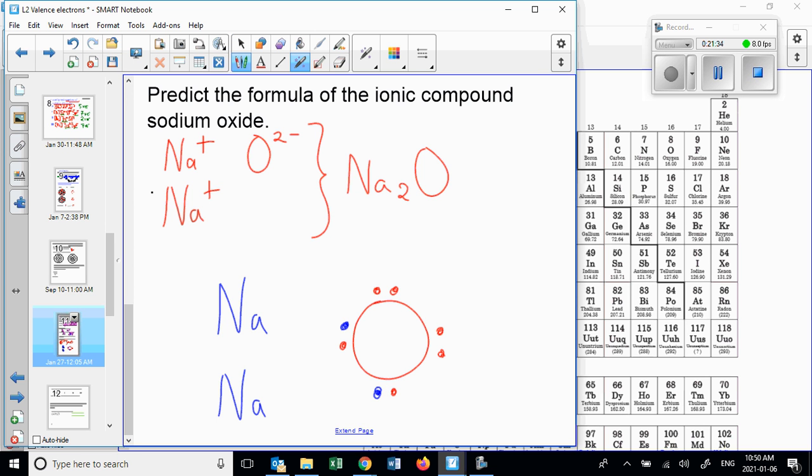Now you've got the two negative, you've got the plus, you've got the plus. That's where those charges come from, and they all come back to the electron configurations and so on.